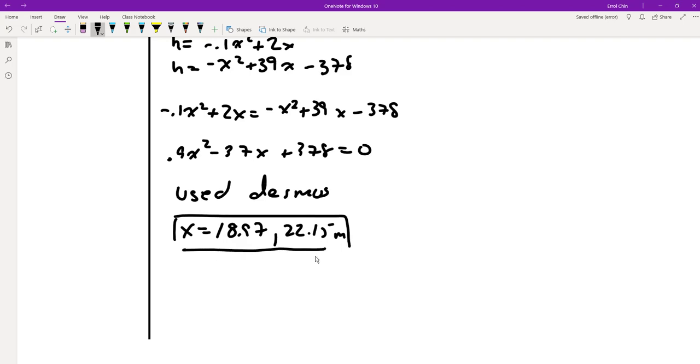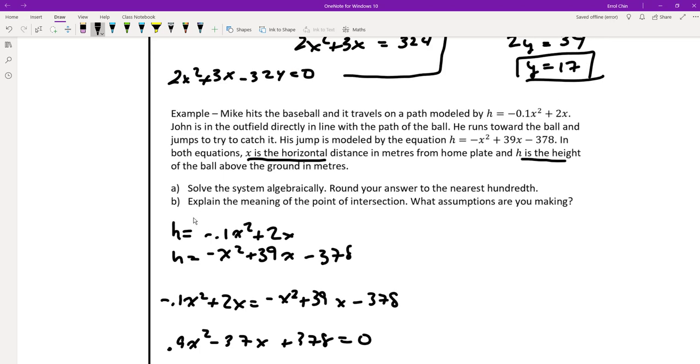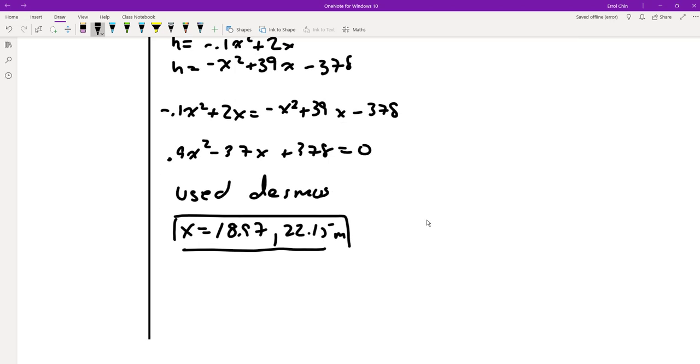Now, it says here, explain the meaning of the point of intersection. What assumptions are you making? So basically what's happening is the ball is traveling, right? Here's the person who hit the ball, and then here is the player on the field trying to jump up and catch the ball in mid-flight.